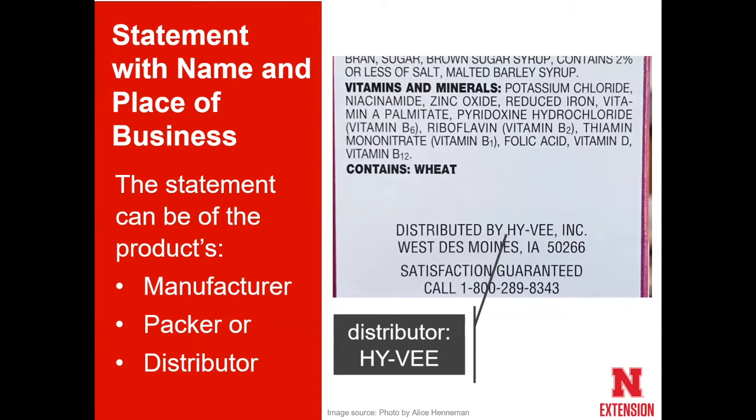Now, they also have to include a statement of the product and the place of business. So you can see in the slide, they list the manufacturer. They're located in Iowa, and it lists the zip code. And that's satisfactory if the company has a public listing.